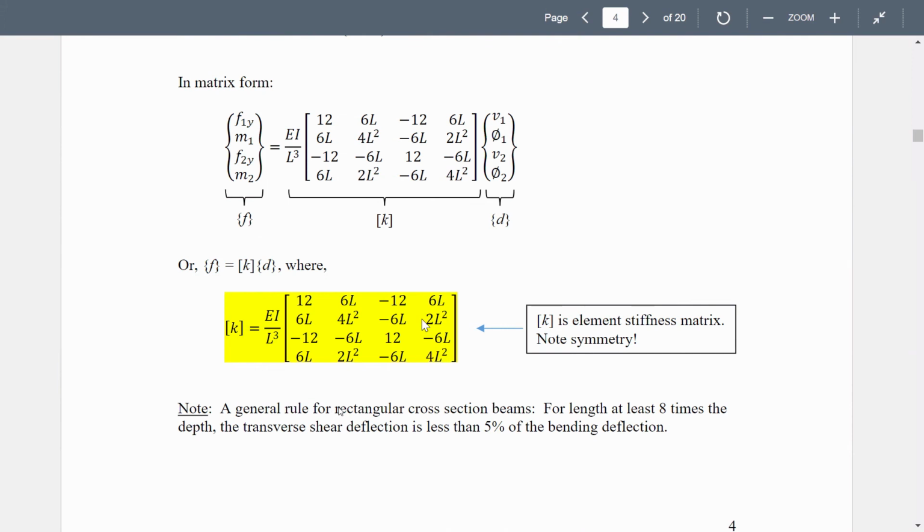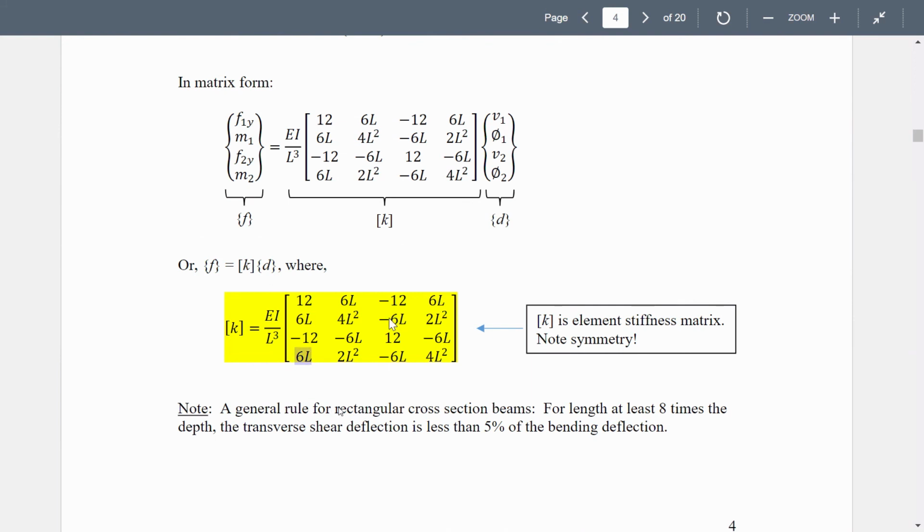Now, question for you. Is this matrix symmetric or not? Yes, it is symmetric. As you see here, this is 6L, this is 6L.